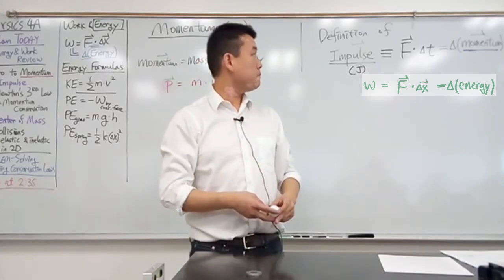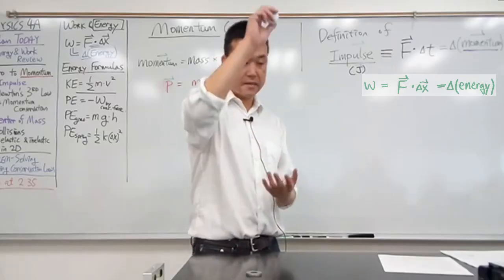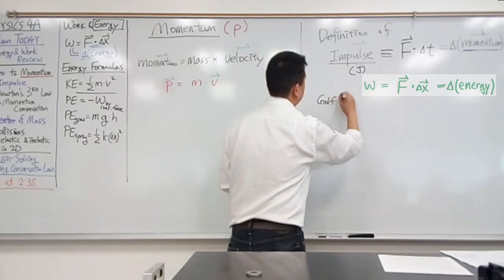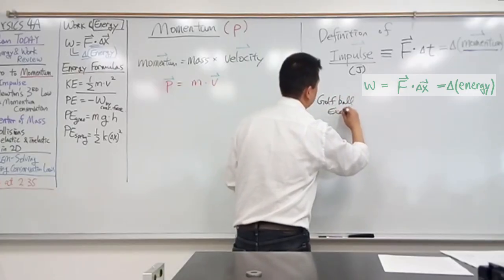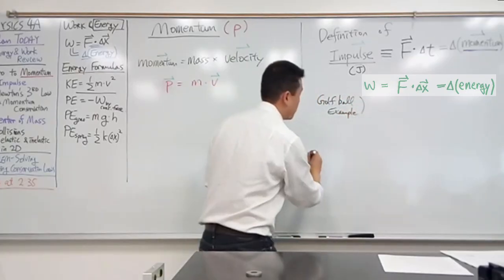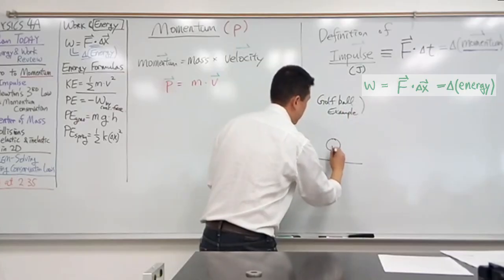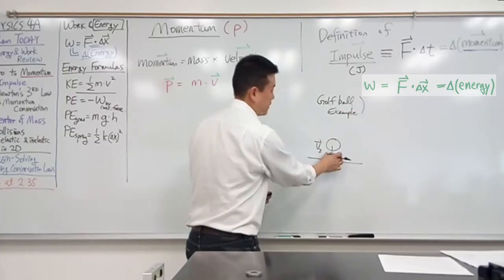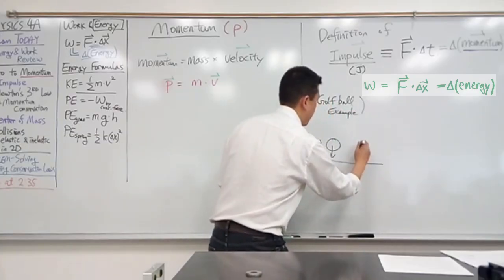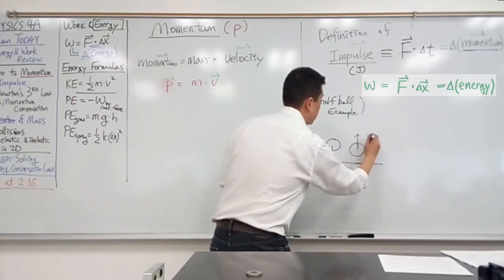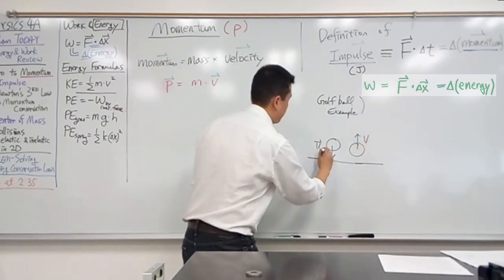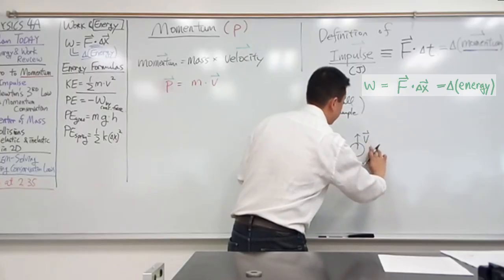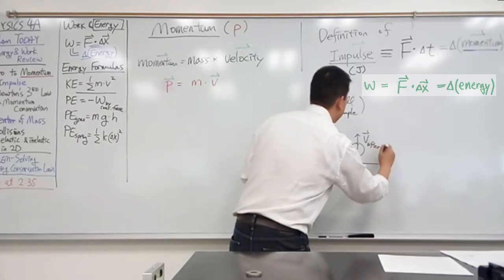Right? So in this example, I can ask this question with a golf ball, where I have a ball that's moving downward at some velocity before it strikes the table, let me call it V before, and after it strikes the table, it moves up with some velocity I'm going to call V after.